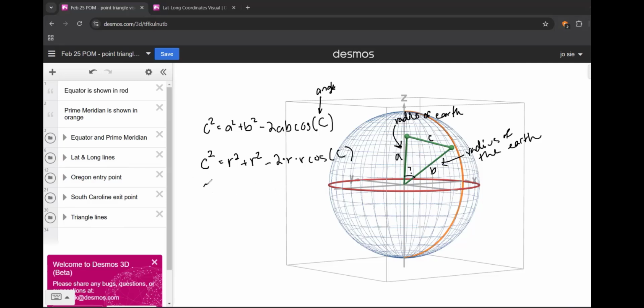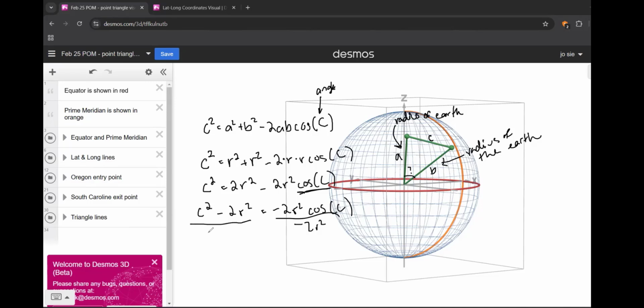So let's do a little bit more simplification. We got c squared equals 2r squared minus 2r squared cosine of our angle. Again, we're trying to get this by itself. So we have c squared minus 2r squared equals negative 2r squared times cosine of our angle. Going to divide both sides by negative 2r squared.